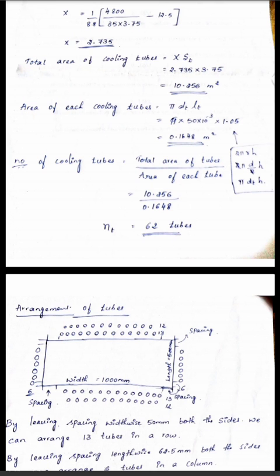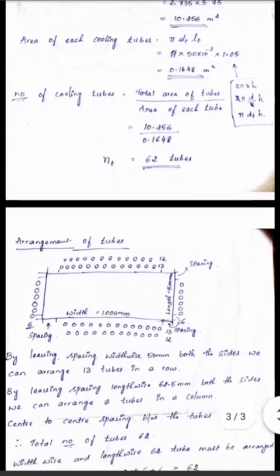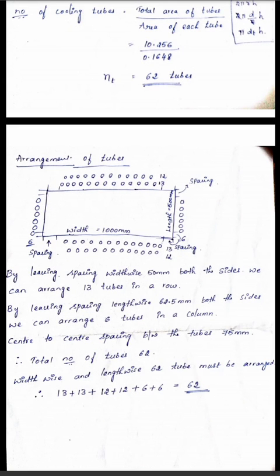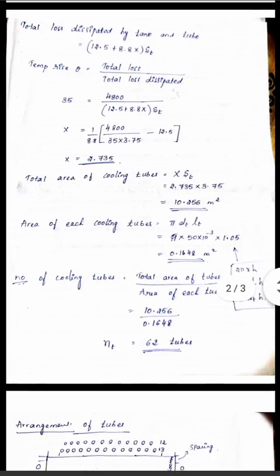Till now I don't think you have much confusion; only the arrangement of the tubes remains. First, consider a tank. For placing the tubes we normally consider the width and the length. As you see in the diagram, the width was 1 meter and the length was 0.5 meter, as given in the question.